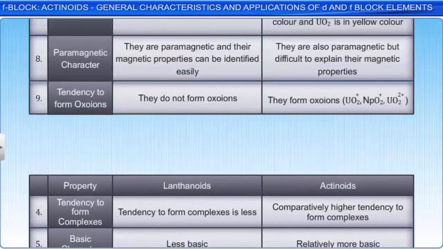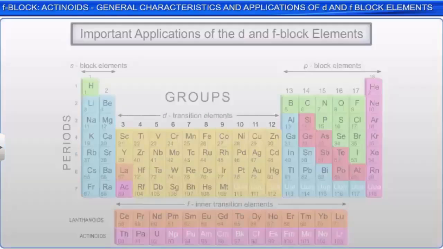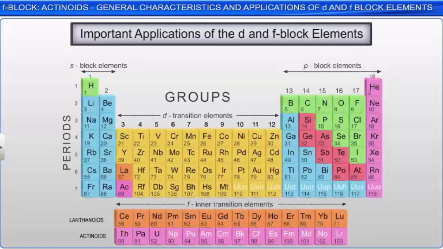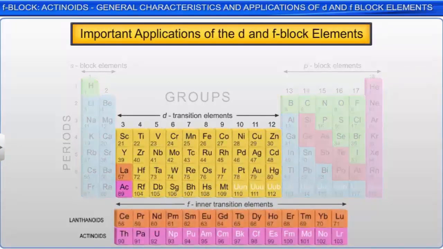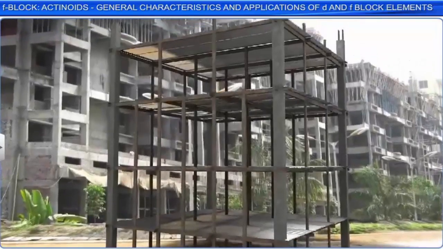Finally, let's look at the important applications of the d and f block elements. Iron and its alloy steel are used extensively in the construction industry. Titanium is used in aircraft and spaceship manufacture.